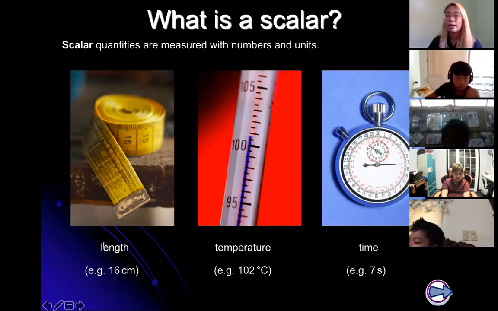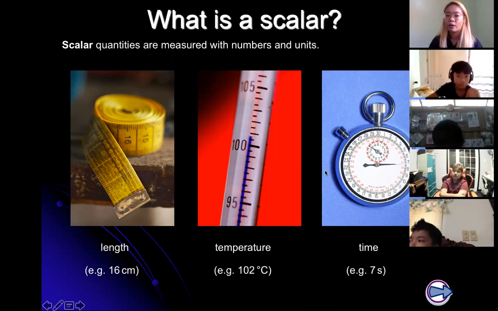For example, your 1 foot rule is equivalent to 12 inches. So, the long ruler, not the half one. 1 foot rule is equivalent to 12 inches. So, that is a scalar quantity. You have the number 12 and you have the unit inches.